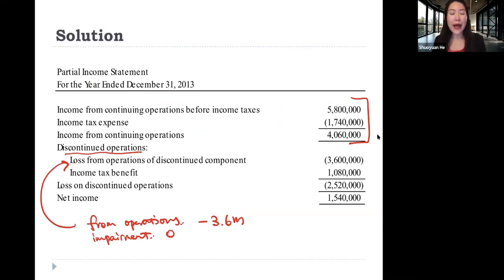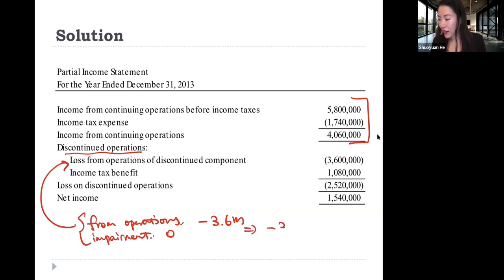So if we expect to have a gain in future disposal, we don't need to recognize it now. But if we expect there's going to be a loss in the future from the disposal, we need to recognize it immediately. This is out of conservatism. So impairment is 0 in this situation.